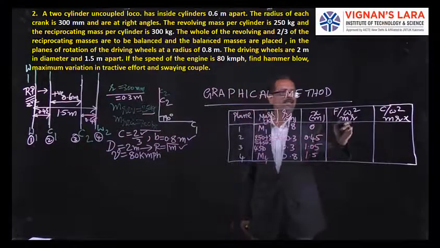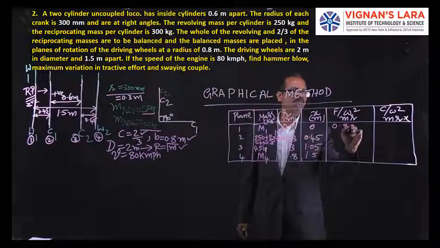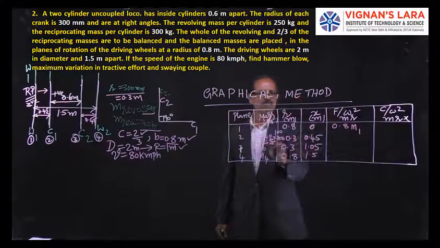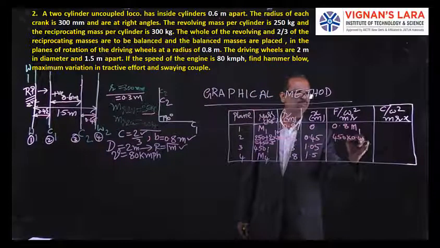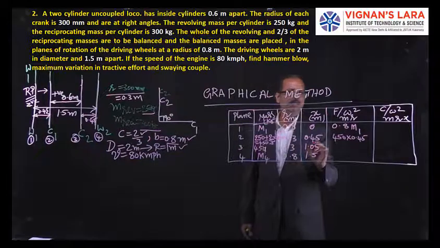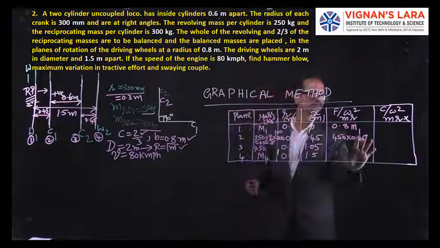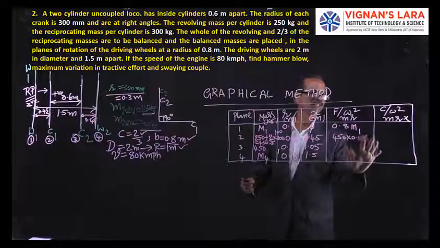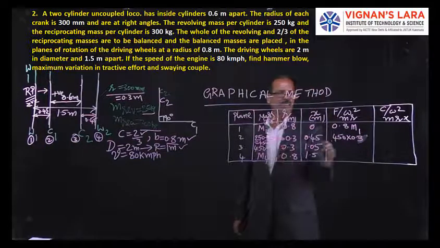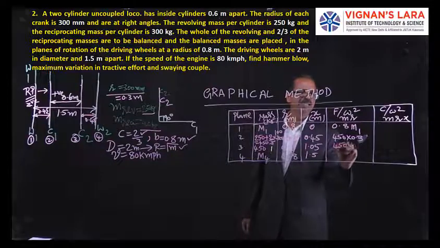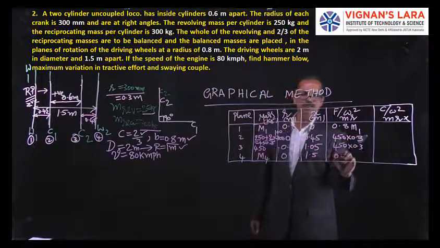Then MR, that is 0.8 M1. Then this is 450 into 0.45, and this is 450 into 0.3, and this is also 450 into 0.3, and finally this is 0.8 M4.